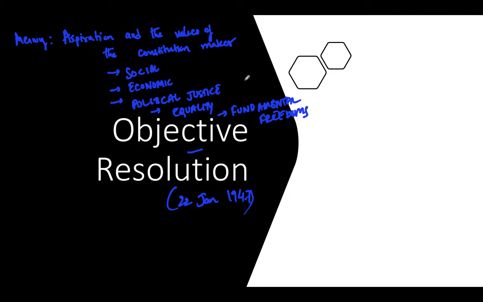Now this historic objective resolution was moved by our Honorable Prime Minister Jawaharlal Nehru on 13 December 1946. For the first time, Jawaharlal Nehru introduced it in 1946, and it was adopted unanimously on 26 January 1947.